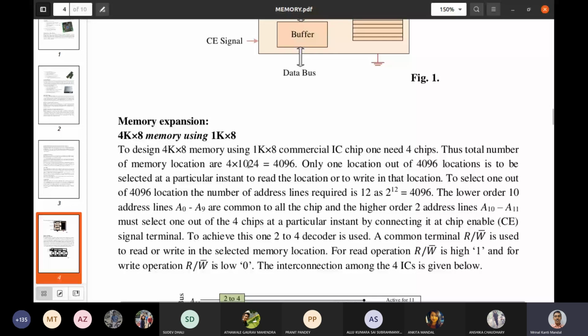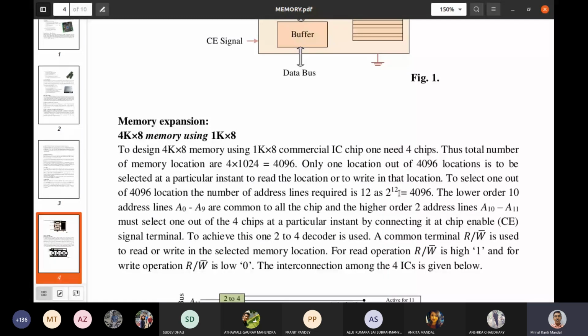To identify these 4096 different memory locations, you need 12 address lines, because 2 to the power 12 equals 4096, right? So out of these 12 address lines, 10 address lines will be common to all the ICs, because here we have used 4 ICs.